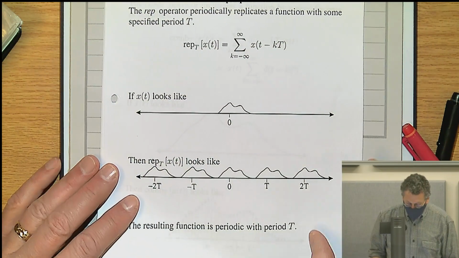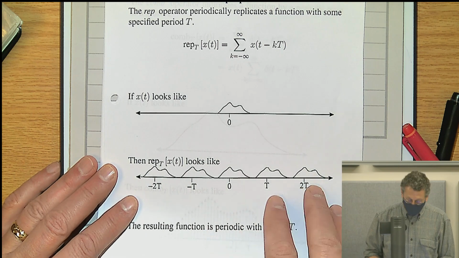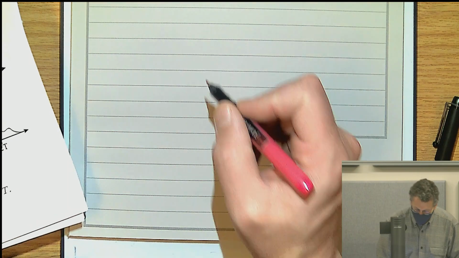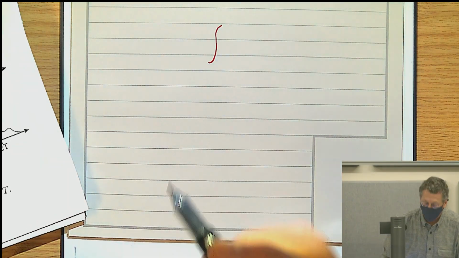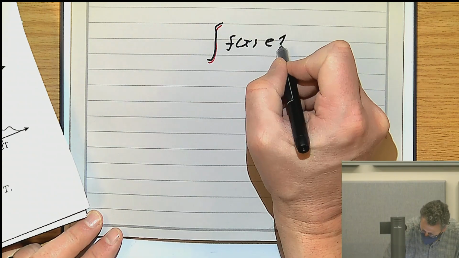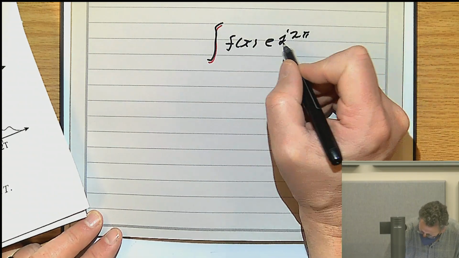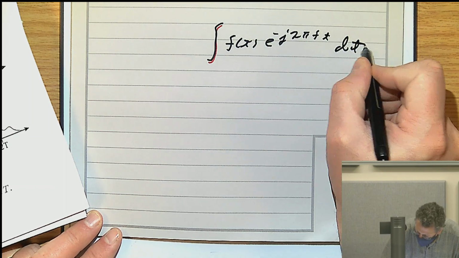Now, because this signal is periodic, you'd say, well, the Fourier transform is defined as an integral: the integral of f of t times e to the j 2 pi f t dt.